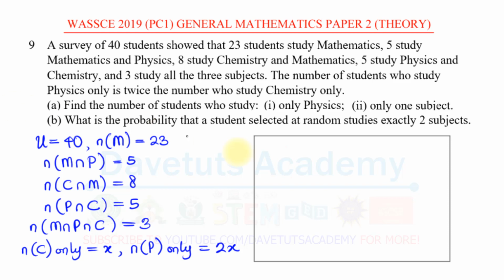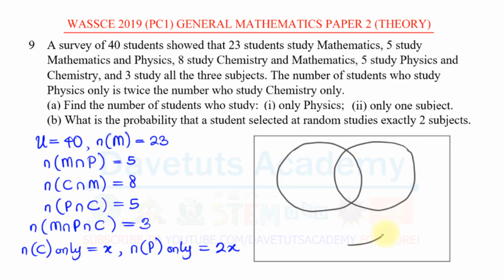All right, so I have the circle for maths, I have the circle for physics, and I have the circle for chemistry. Let me just use different ink. Let me say this is maths, this is physics, and then I can use this. Let me say this is chemistry.